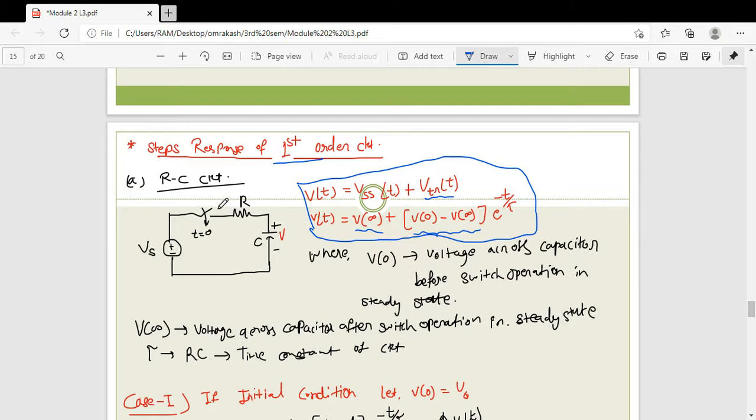But while calculating the time response, you have to short circuit the voltage source and open circuit the current source, right? So this voltage source gets short circuited, and observe what elements are present in that circuit. According to that, you have to comment. So here R and C are present. For any RC circuit, what is the time constant? R equivalent times C equivalent. Only one R is present, so the time constant is R times C.